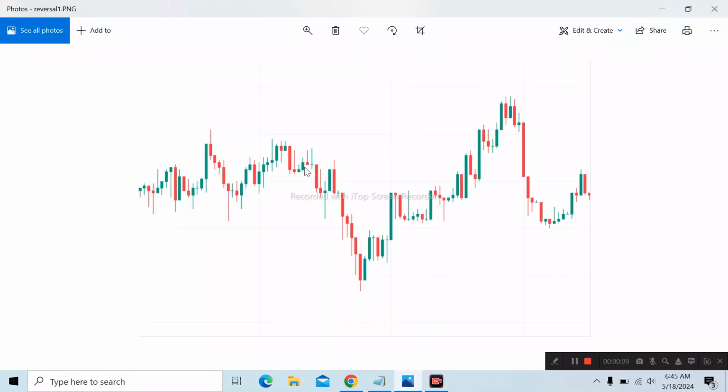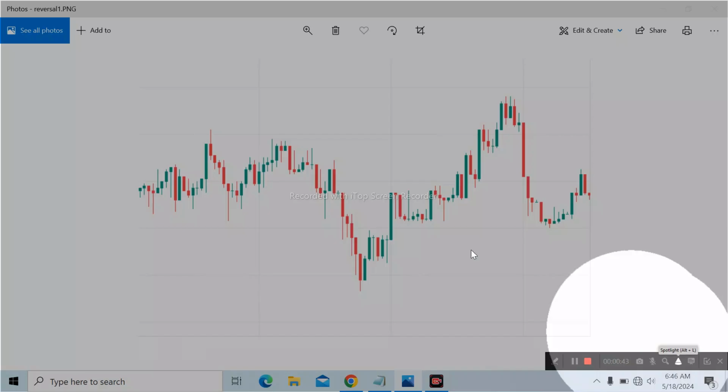I want to share with you an image I have here on the screen, an image of a chart. If you look at this image, what do you notice? On this image, I'm trying to show you a bullish reversal pattern where you spot a bearish fall to this angle and you see this sign here.